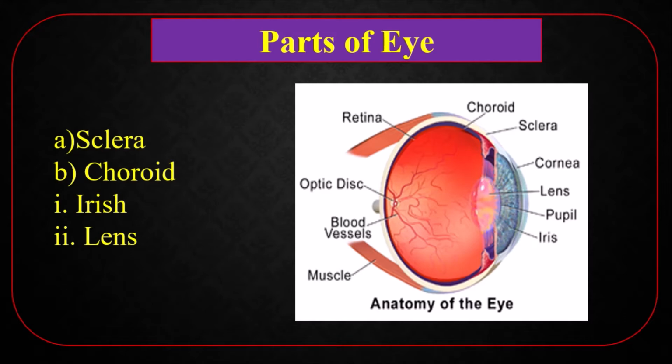There is a hole in the middle of the iris which is known as pupil. And lens, there is a biconvex lens behind the pupil. The lens is elevated in the middle and narrow at the top. The lens is held with the choroid by ciliary muscle.